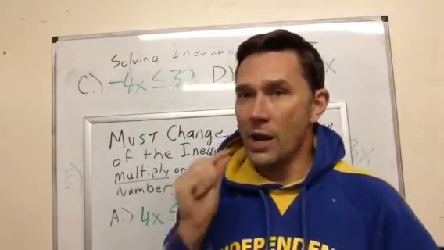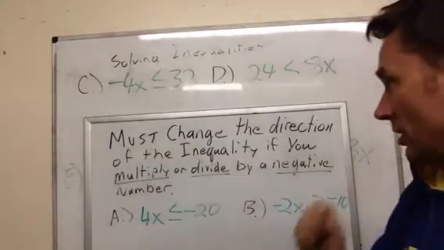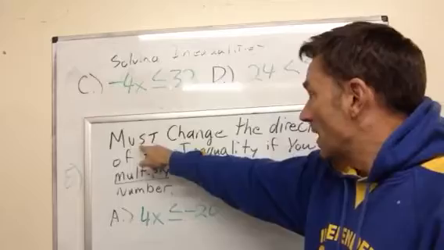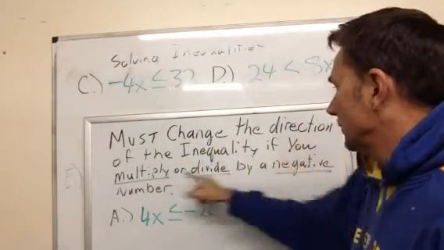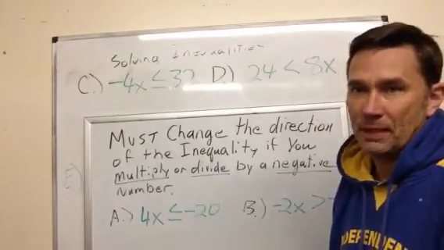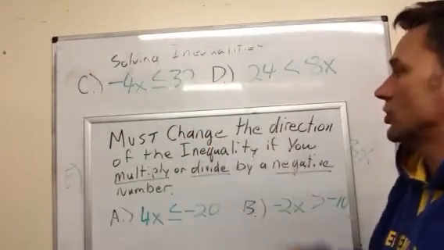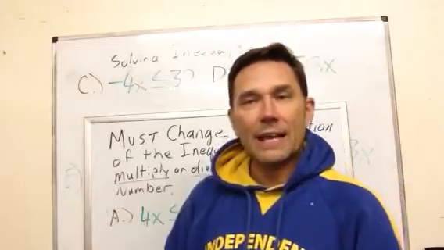Now there's one big thing that you need to write down and memorize and know. When we multiply or divide, we must change the direction of the inequality if we multiply or divide by a negative number. I'll repeat it because it's that important. If it's less than, it becomes greater than.